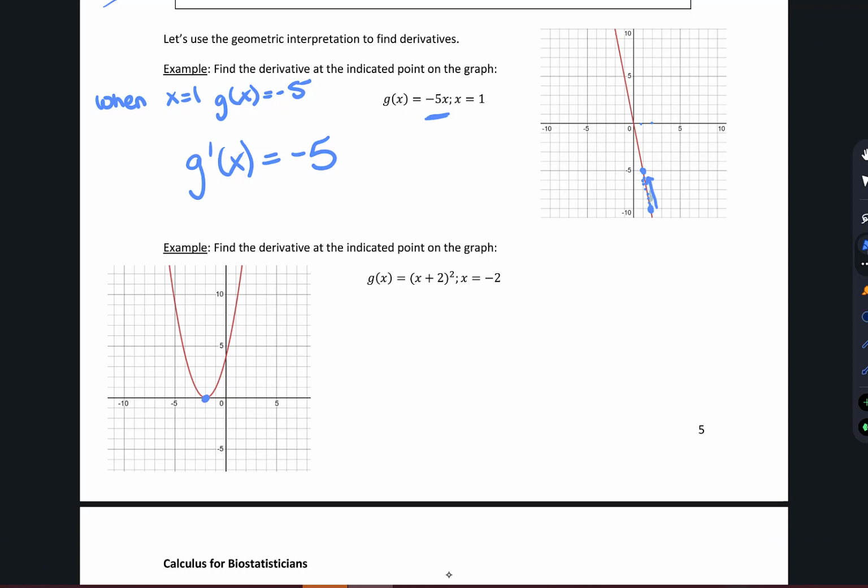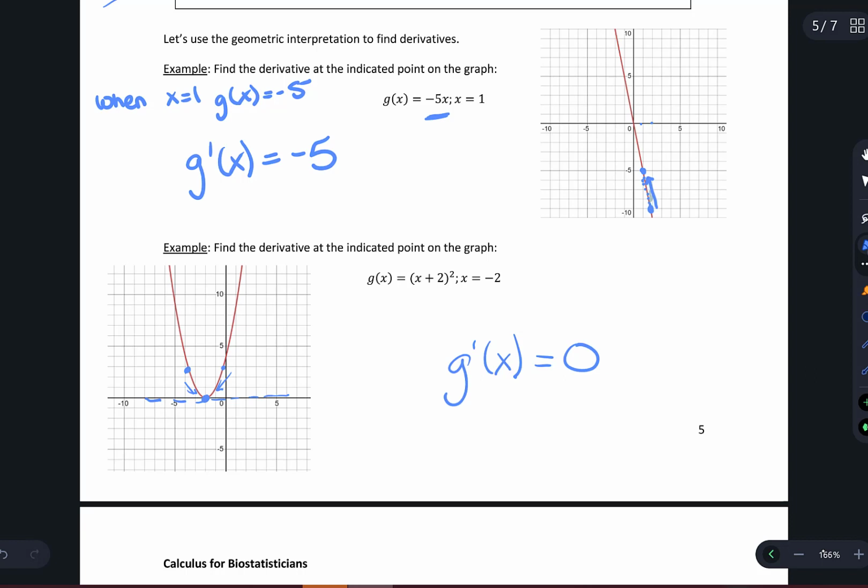If we were to think about coming from the left and coming from the right as we decrease this distance, and converge from either side, that tangent line is going to be a horizontal line. And so at the point x is equal to negative 2, the derivative is going to be equal to 0.